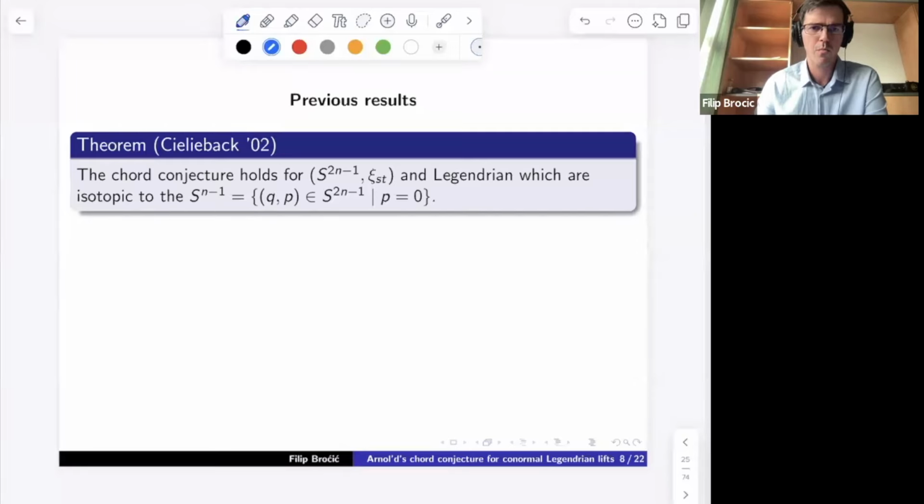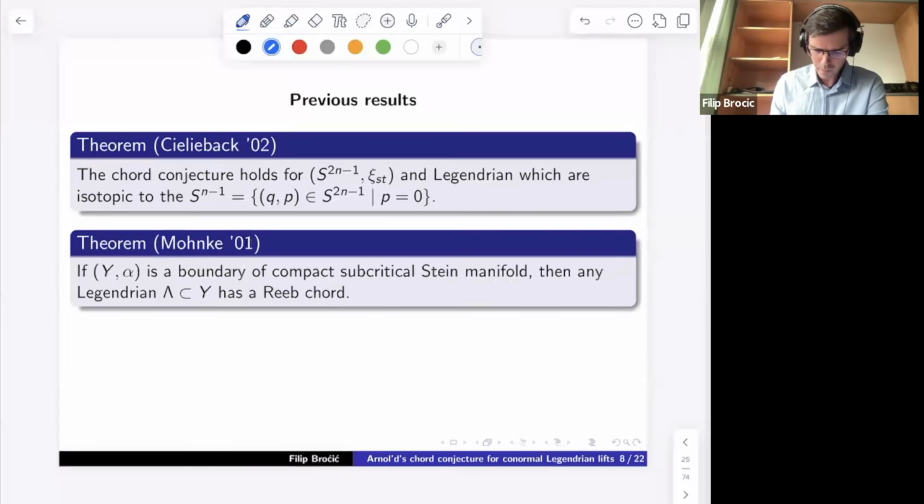His method was analyzing symplectic homology and how it changes with surgery, concretely with subcritical and critical handle attachment. And then, although I'm not sure what were the dates of the preprints, Mohnke's result was published before. Mohnke actually resolved the full original question of Arnold, and he actually proved something stronger.